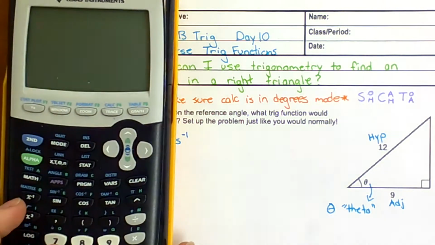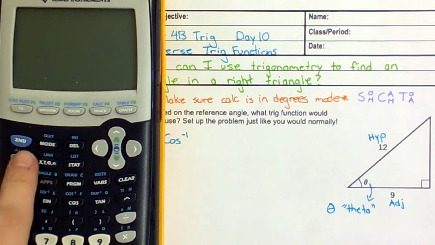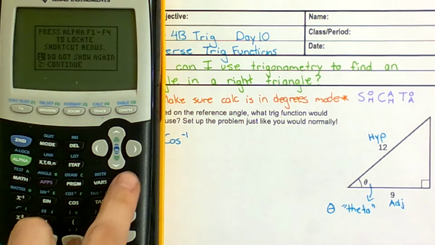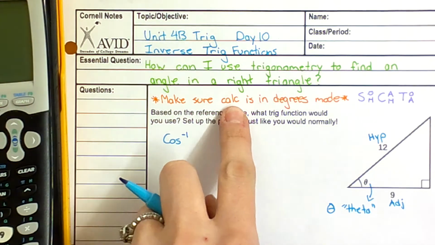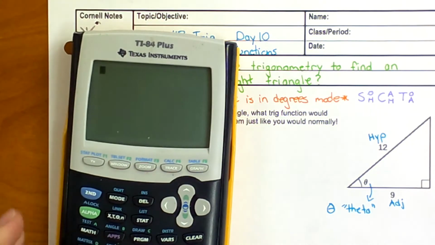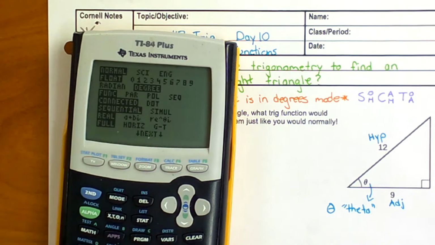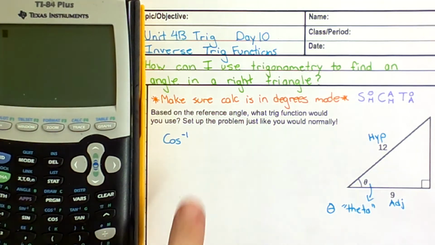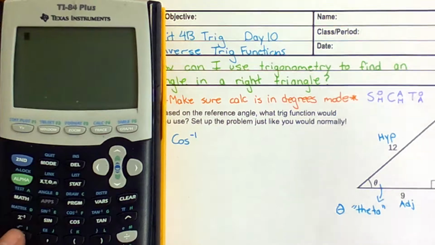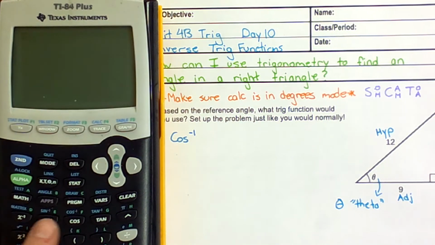On these calculators it's in blue, so once we turn it on, make sure the calculator is in degrees mode. I'm going to go to mode and double check, yep, I'm in degrees, and then quit out of that. Now I'm going to do cosine with the -1, so I'm going to hit second and then my cosine button.